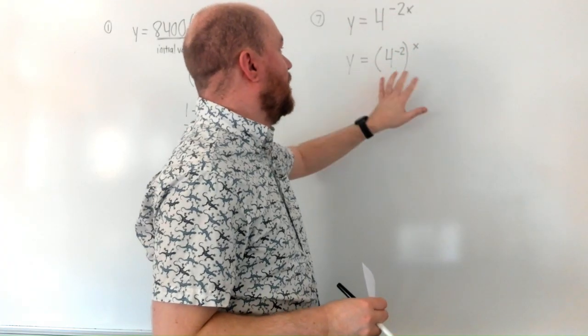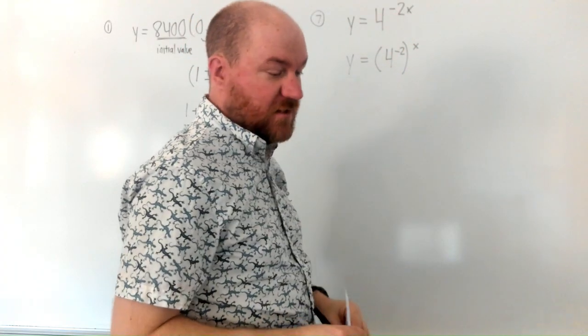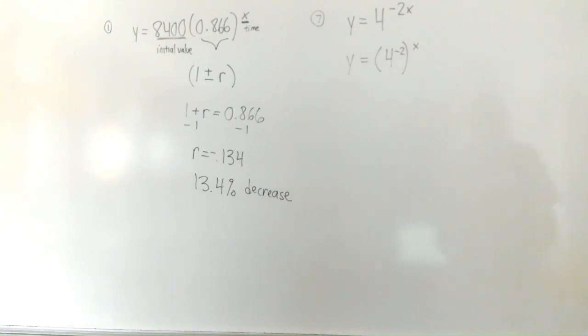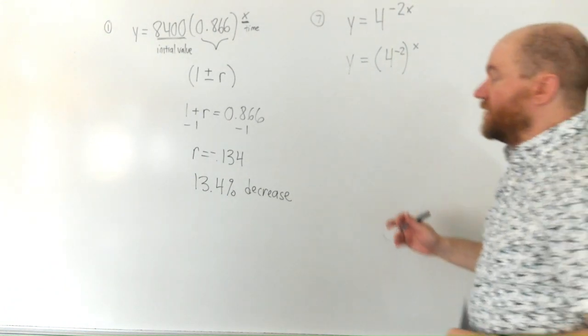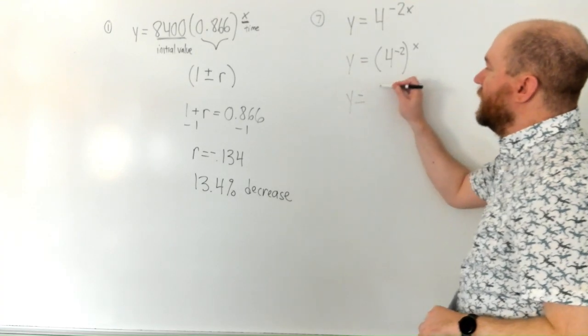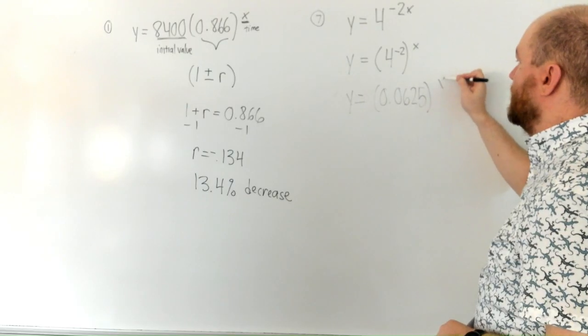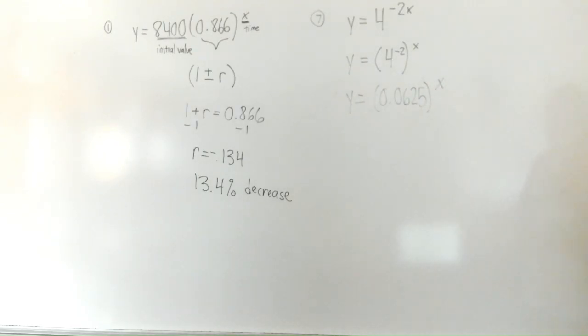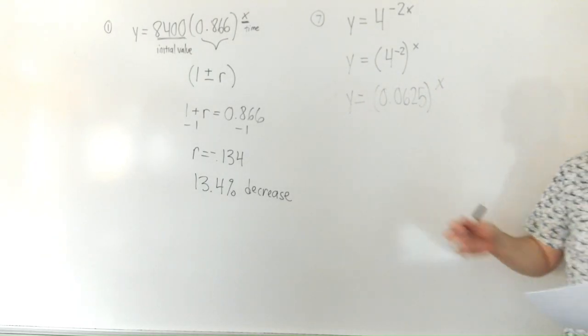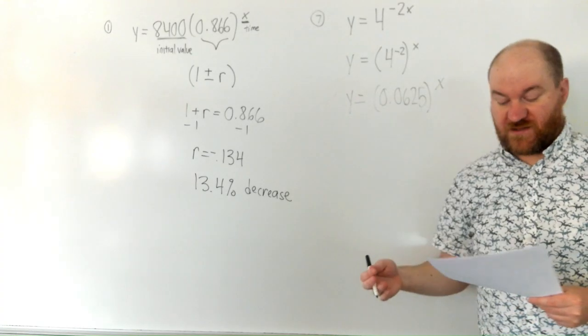And why would we want to do that? Well, now I could do that on my calculator. 4 to the negative second is 0.0625. So y equals 0.0625 raised to the x. Hey, now this is set up for me to answer the question. I know that there's not a number out front, but that's okay.